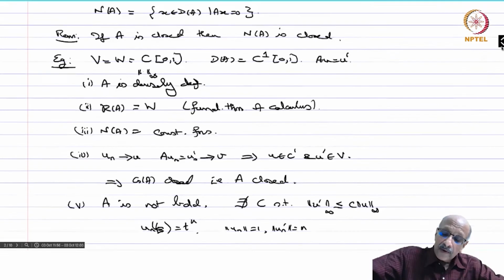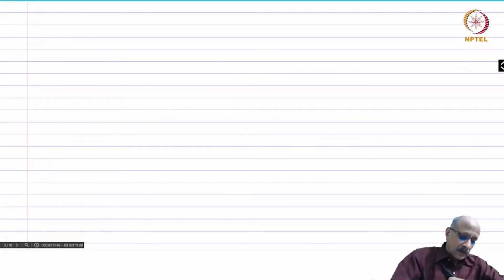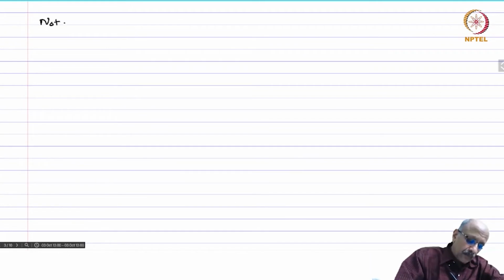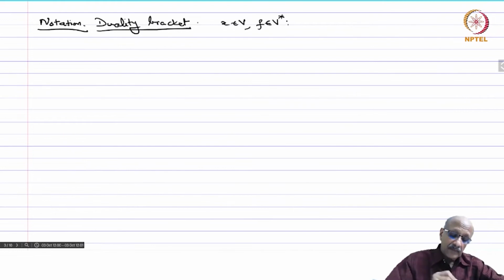Okay, so now we are going to make an important definition, and for that we need some notation. This is called the duality bracket. So we take x in V and let us take f in V star. Up to now the evaluation I have denoted as f of x.